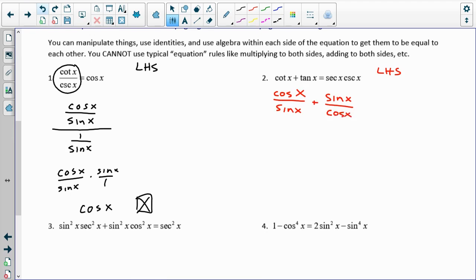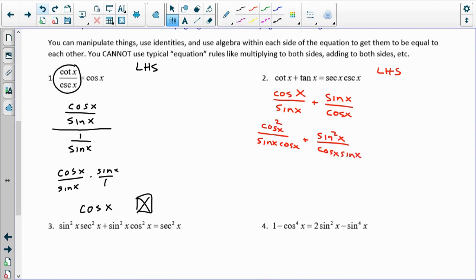Now, since I'm adding fractions, I'm going to have to get a common denominator. So I'm going to multiply the first term by cosine of x in both the numerator and denominator. Then I'm going to multiply the second term by sine x in both the numerator and denominator.